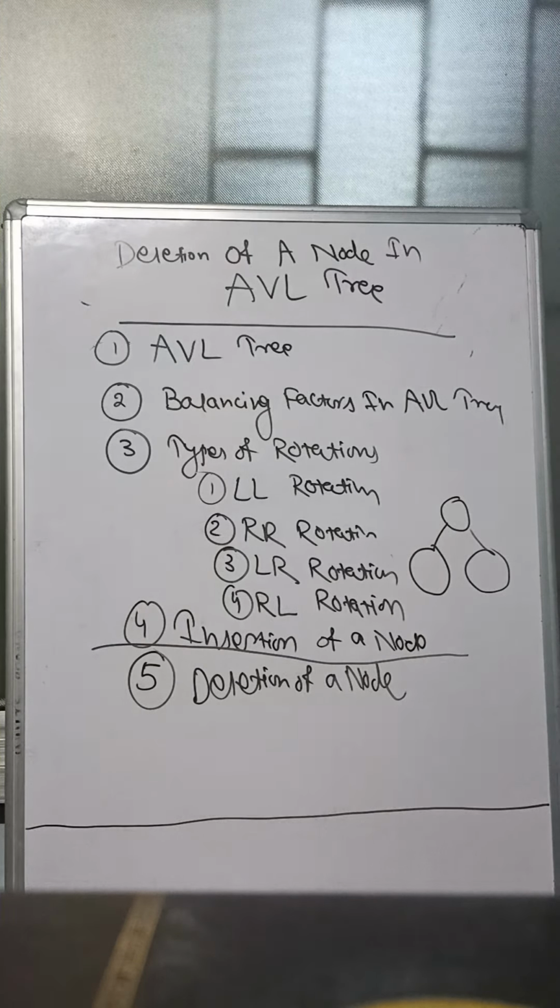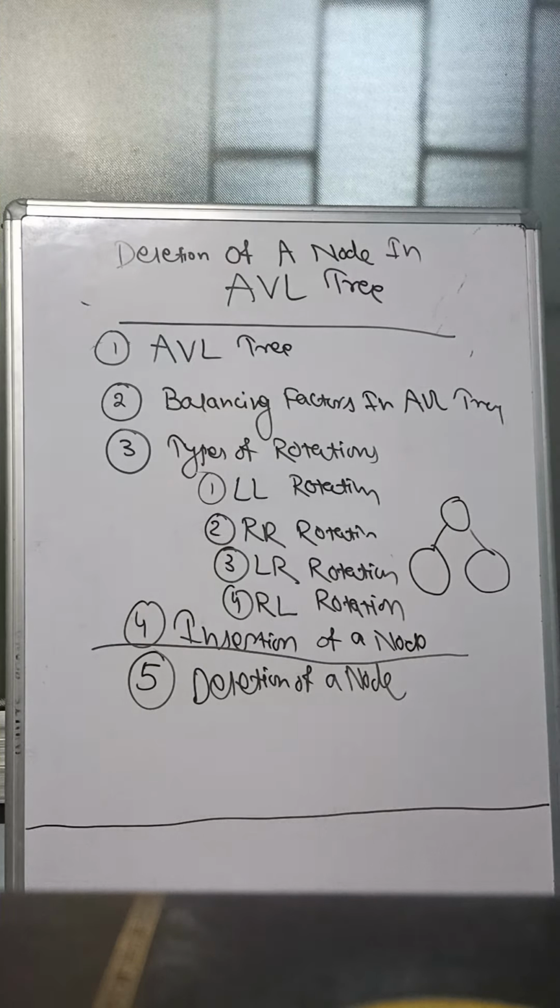When the tree becomes unbalanced, I have to balance the tree by taking these rotations according to our requirement. Let me recap all the things. If there is any imbalance in the left subtree, I have to do the LL rotation. If I have any imbalance in the right part of the tree, I have to do the RR rotation.